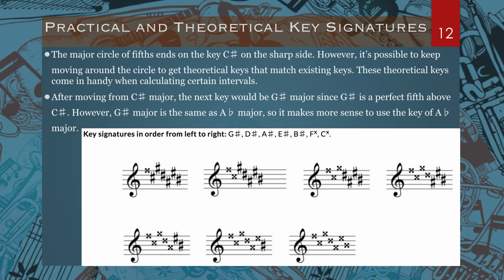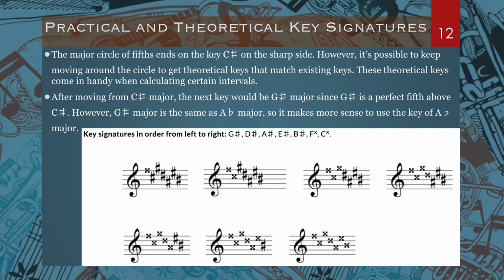Last key signature is C sharp. However, you could keep moving around the circle to get theoretical keys that match existing keys. And what I mean by that is the theoretical keys would correspond on the sharp side to a flat key that already exists. This will make more sense in the next slide when I show you an example of this. But these theoretical keys can come in handy when calculating certain intervals, a concept we're going to have to address later.